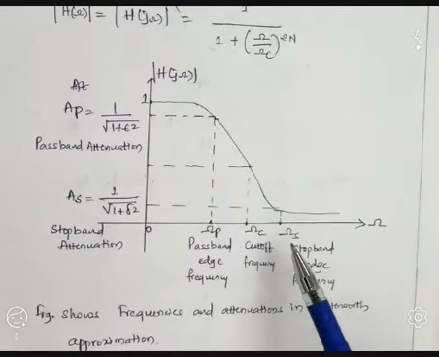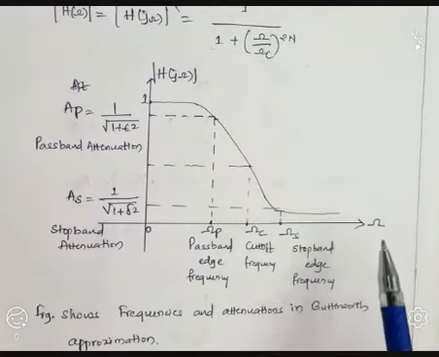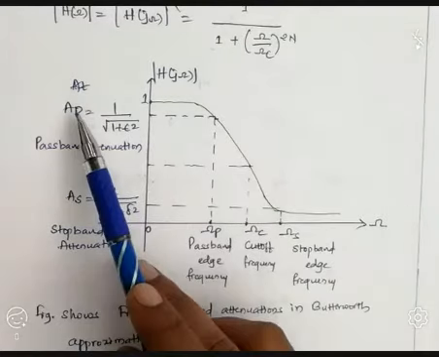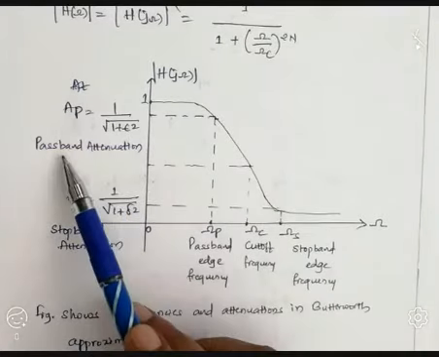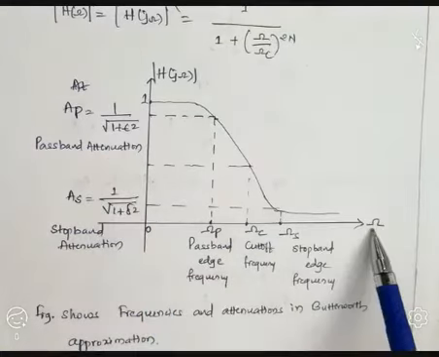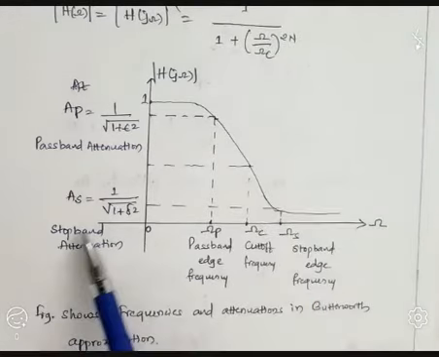Similarly, if the frequency value omega is equal to omega p, the corresponding gain, or attenuation, is called the passband attenuation, where P stands for passband and A stands for attenuation. Similarly, if the frequency value omega is equal to omega s, then the corresponding attenuation is called the stop band attenuation.